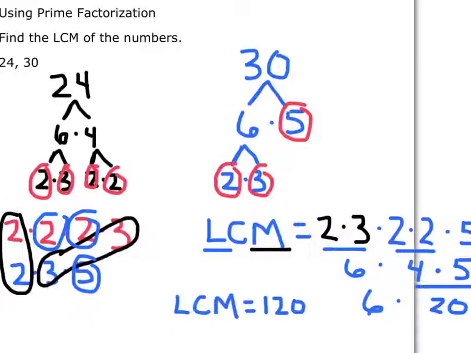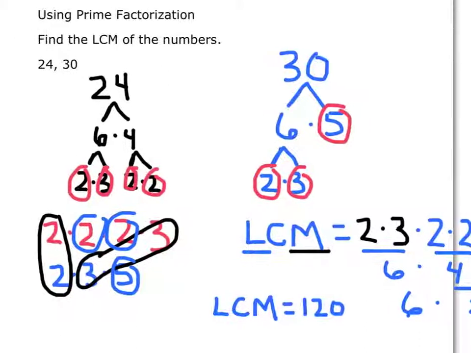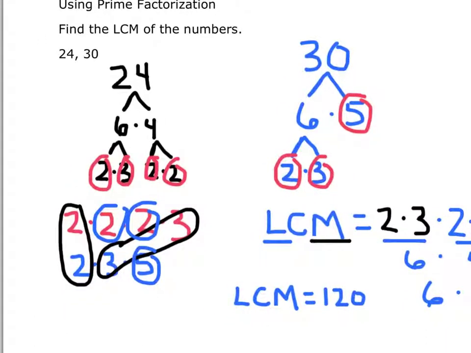Remember, when you have the prime factorization for least common multiple, you are finding the matches first and then the leftovers, and then you multiply them together.